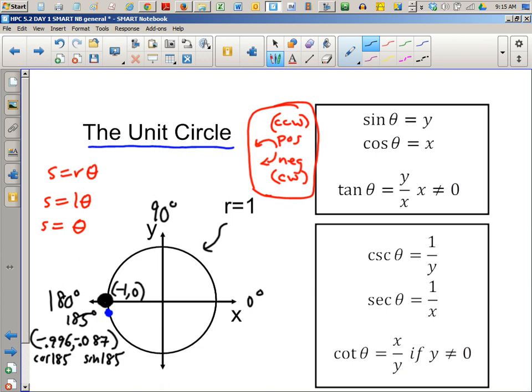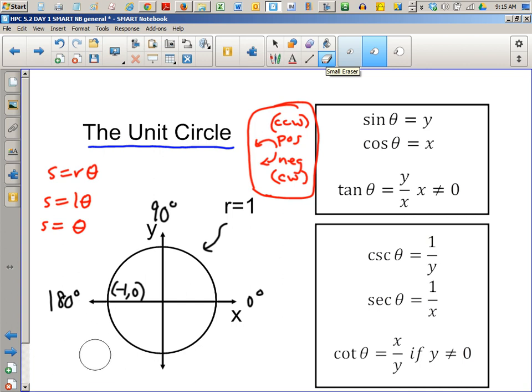They are arbitrarily chosen ratios in a right triangle, chosen by the Greeks many years ago. Or cosine and sine are the coordinates of a point on a circle with radius 1. Interesting. So we've just connected the idea of triangles to circles. Okay.